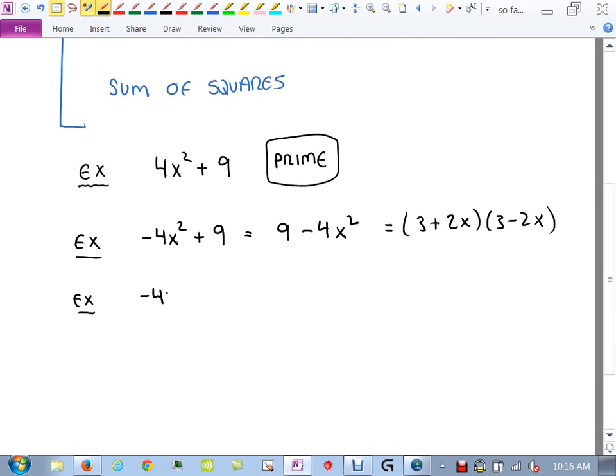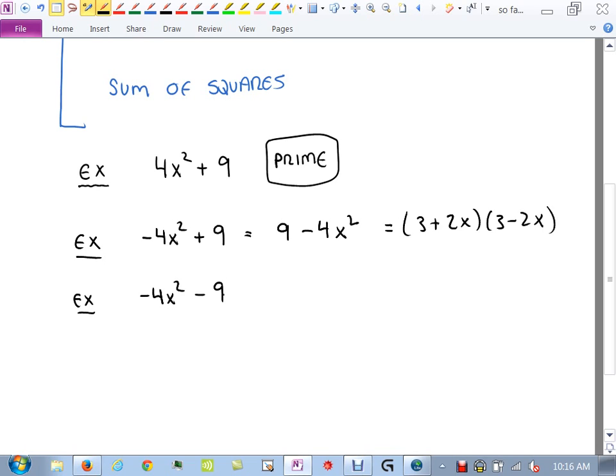How about negative 4x squared minus 9? What's your first step? GCF? Is there a common factor? Not really. You could say negative 1, couldn't you? You could.